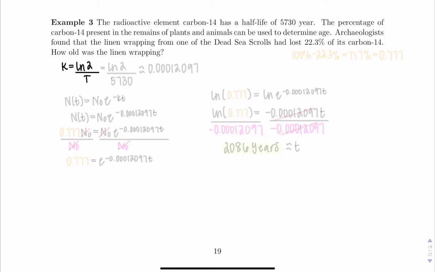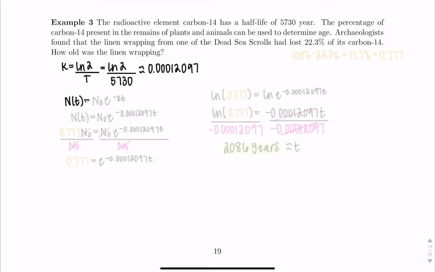Well, our half-life is 5,730. And so we get about 0.0001297.